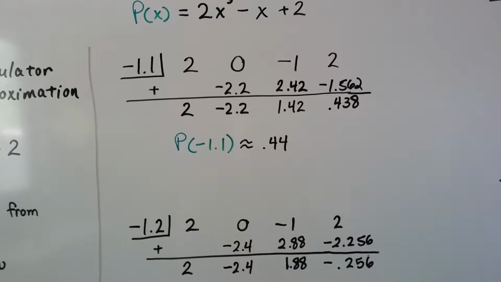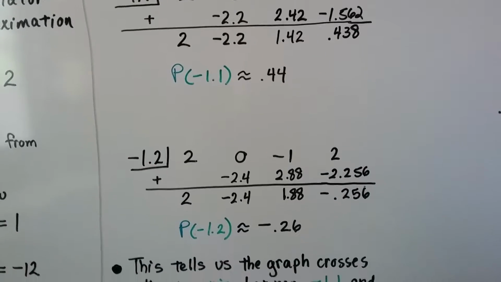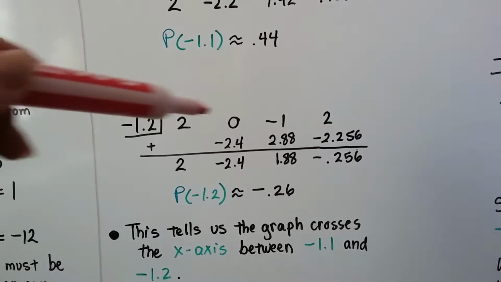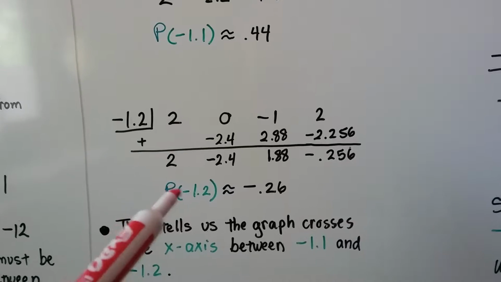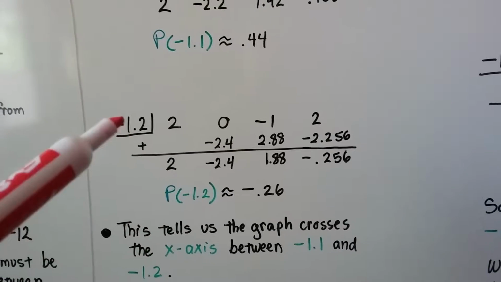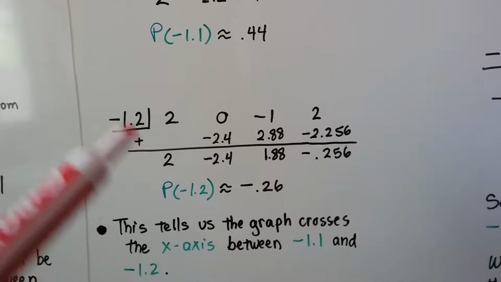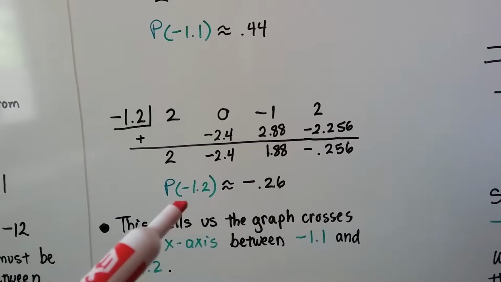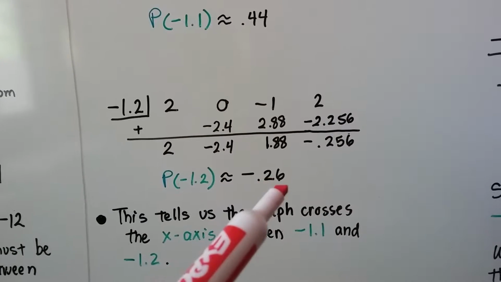We can shorten it a little bit, all right? So now let's try negative 1.2. We write our coefficients and our 0 to take the place of the x squared that was missing, and we do our synthetic division. Once we get through all the multiplying and adding, we find that p of negative 1.2 is approximately negative 0.26.